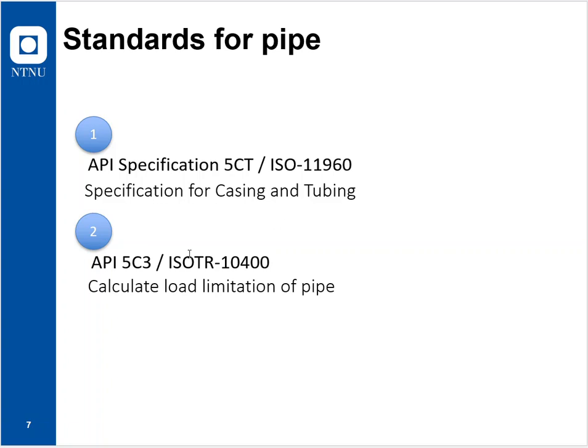The other standard, we have mentioned it quite a number of times, API 5C3 or ISO TR 10400. That's how to calculate the strength or load limitations of pipes.